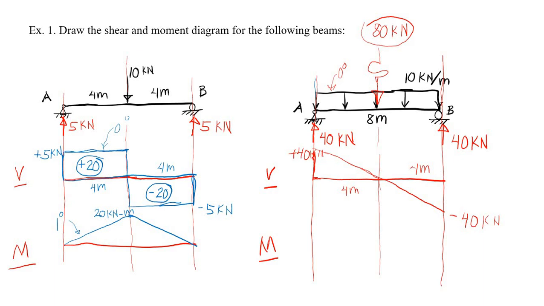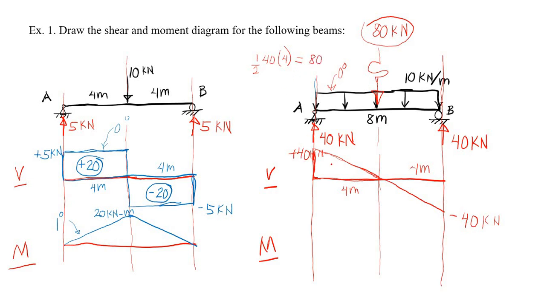The area of our diagram here for this particular triangle is 1/2 times 40 times 4, which is equal to 80.